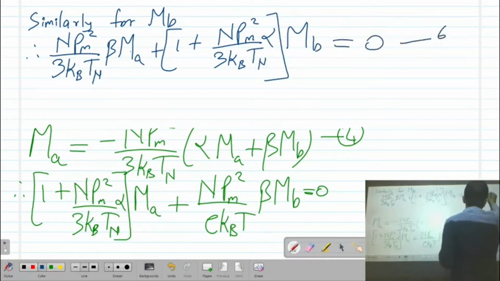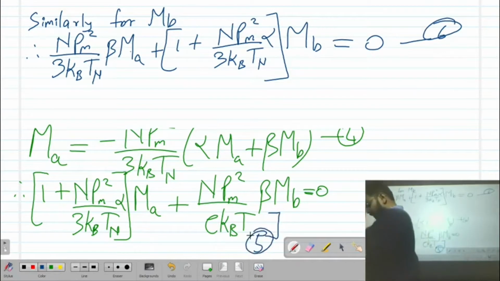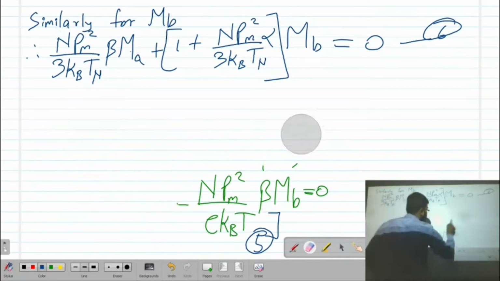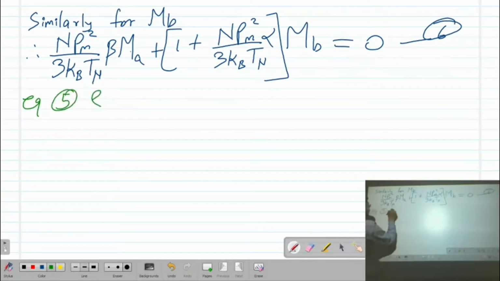This is equation number 6, and the earlier one is 5. Now, on comparing equations 5 and 6, we will get simultaneous equations. The solution of the simultaneous equations 5 and 6 will give one solution.